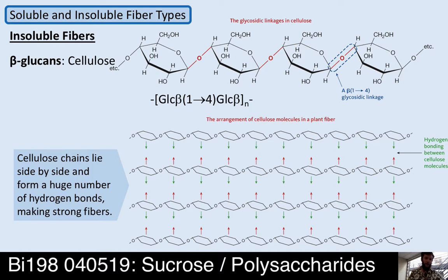Insoluble fibers, we're going to talk about cellulose just a little bit, and then chitin, and then we'll be done. Cellulose is very simple in structure. Actually, we've already seen this a little bit. It's the beta-1,4 linkage of glucose, and because of the specifics of that linkage, the structural specifics, enable the glucose monomers to lay in a very flat chain, just like a straight chain, and they're able to hydrogen bond with adjacent chains.